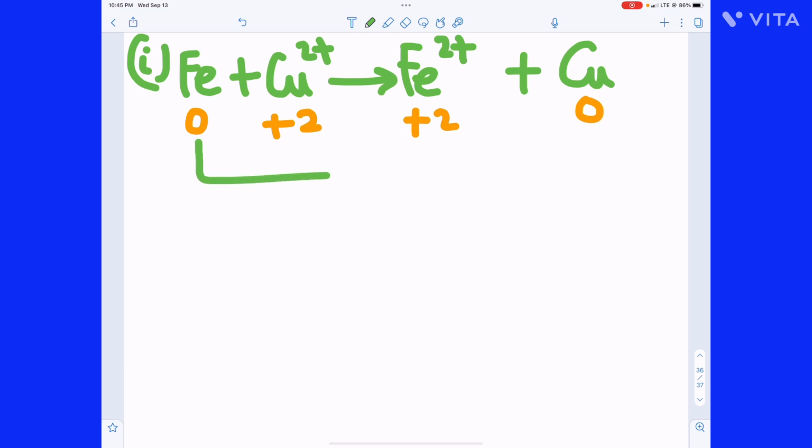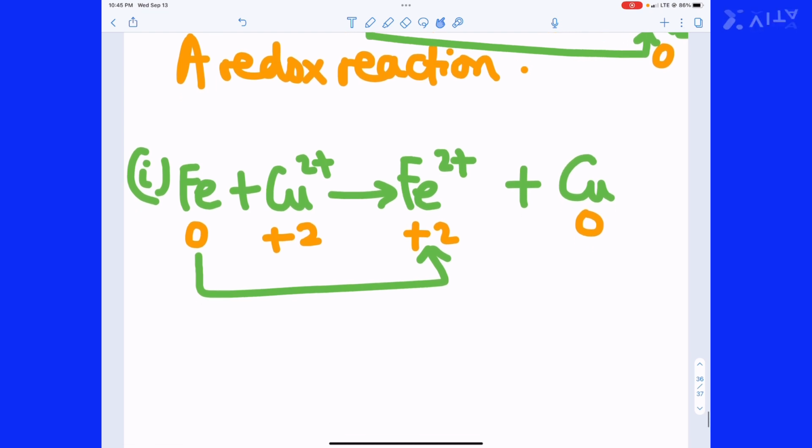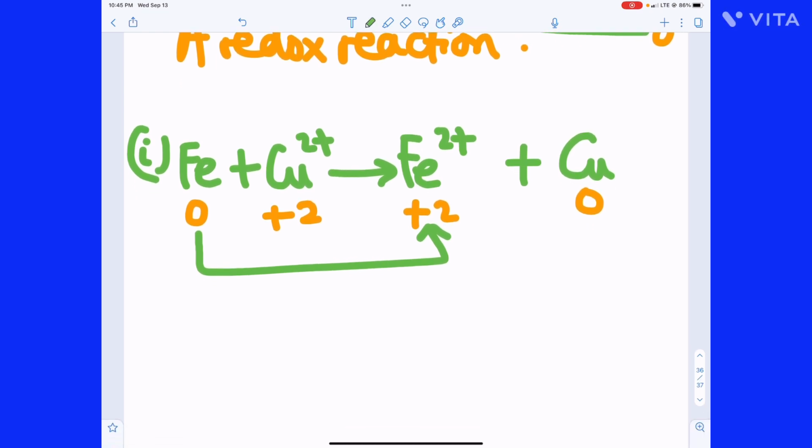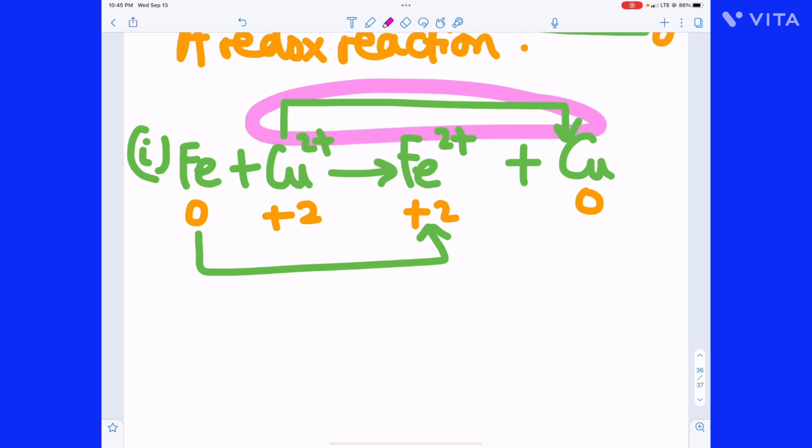Here, the oxidation number increased from 0 to +2. But here, the oxidation number decreased from +2 to 0.